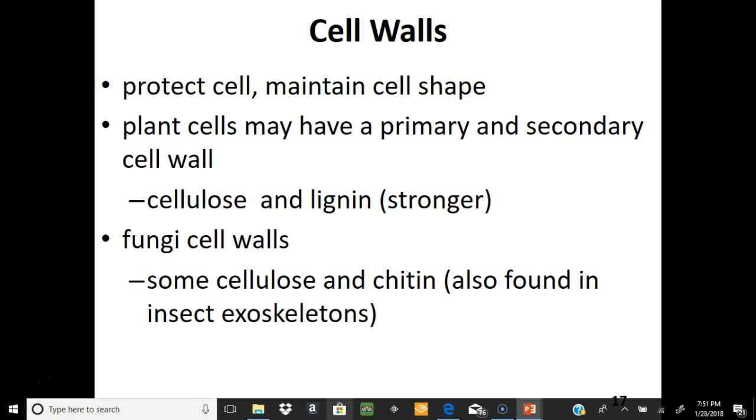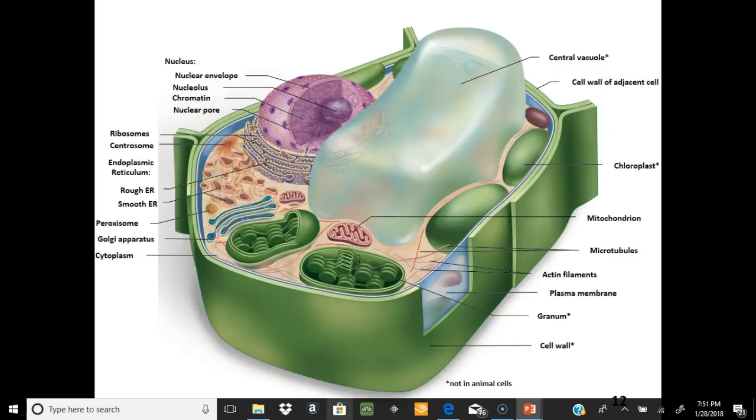The carbohydrate found within the cell walls is dependent on the type. In plants, we have cellulose. In fungi, typically we see chitin. And chitin is really strong. Chitin is what also makes up the exoskeleton of insects.